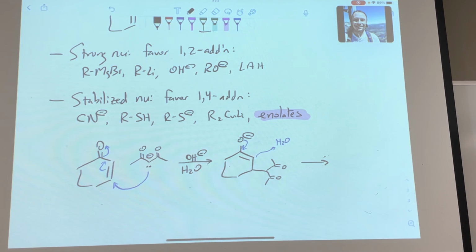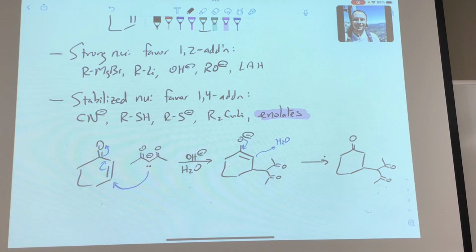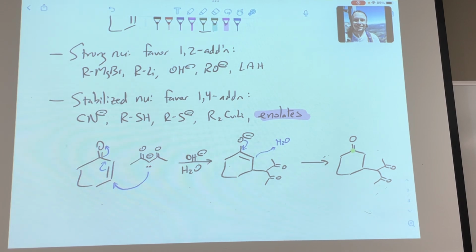Either way, you end up making something that looks like that. And if you count, here's one carbonyl, that was the carbonyl of the Michael acceptor. 1, 2, 3, 4, 5 carbons away, there's another carbonyl. So we end up making the 1,5 dicarbonyl compound.